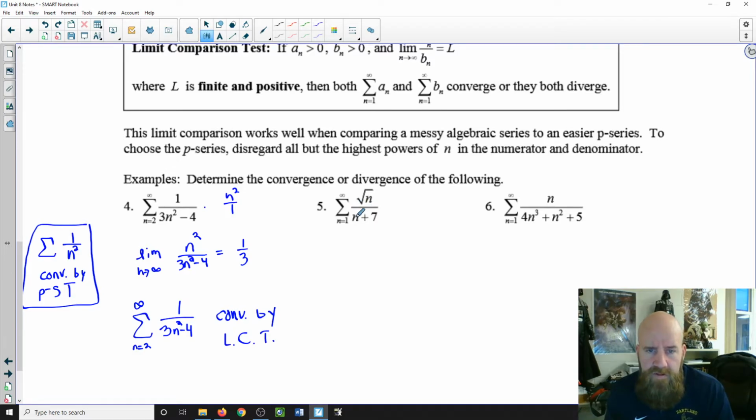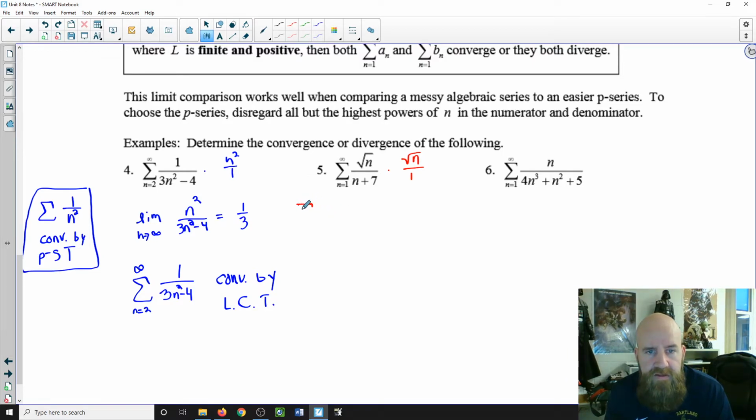So I want to look for a series that would make this an easy limit. I want to multiply by root n. If I multiply the top by root n, I end up with n over n, which is what we want.